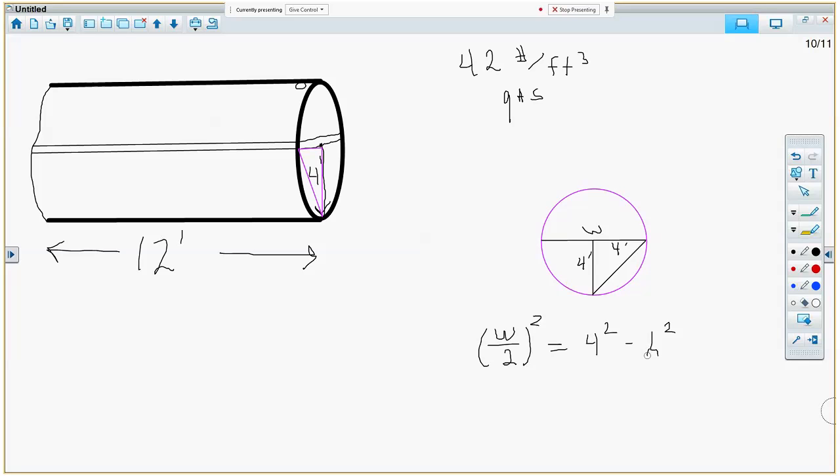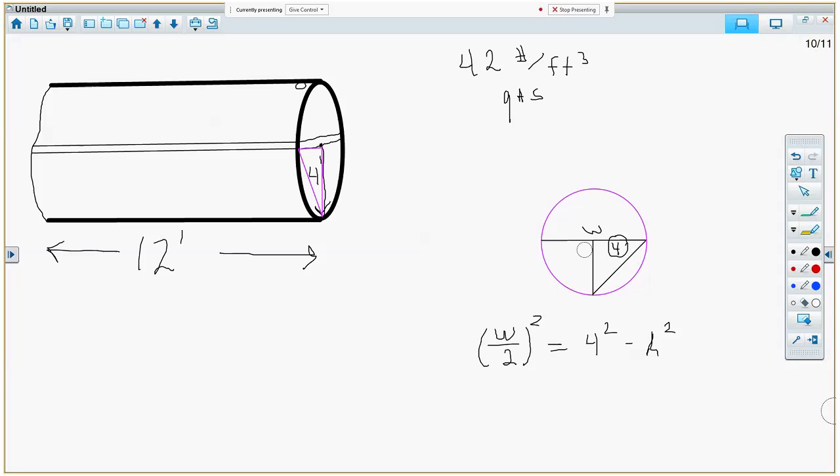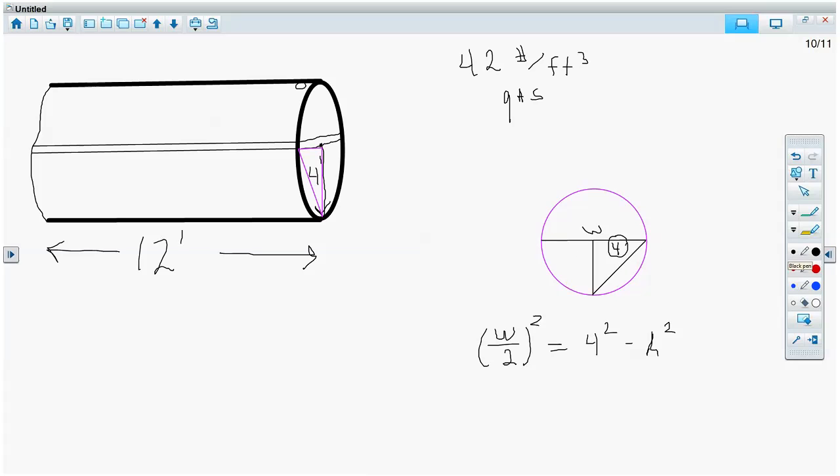Because you got to have something in there besides W. You can't have W in there. Well, this one right here. And this is technically H because it's moving. So let me take that out because that may be confusing you. There we go.